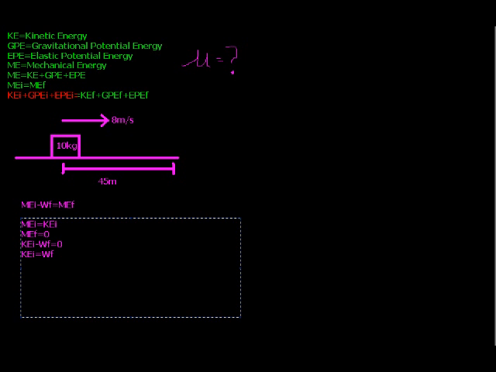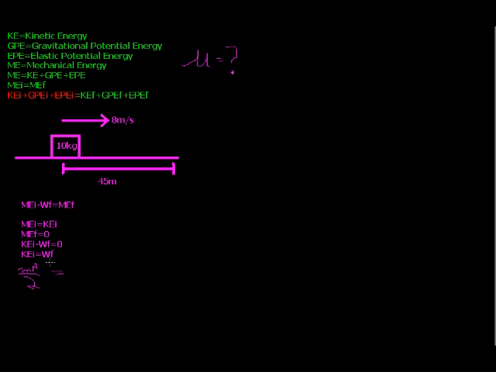Well, kinetic energy we know is, let me write this in, the mass times the velocity squared over 2. And we have that being equal to, well, what is the work?